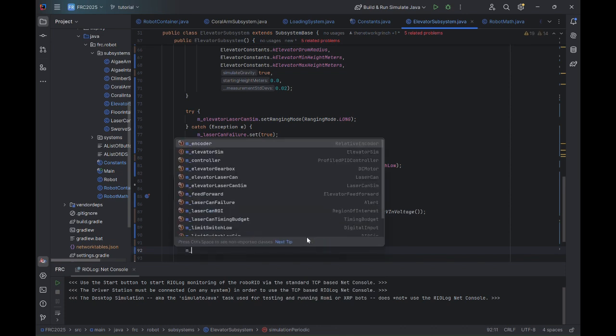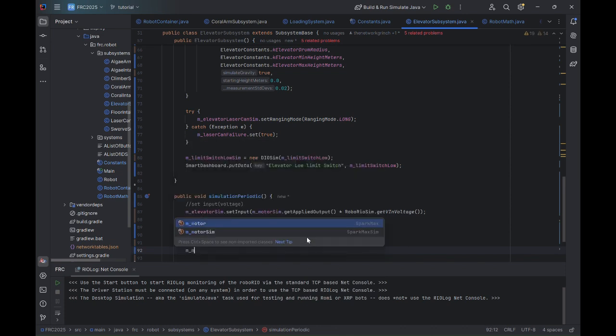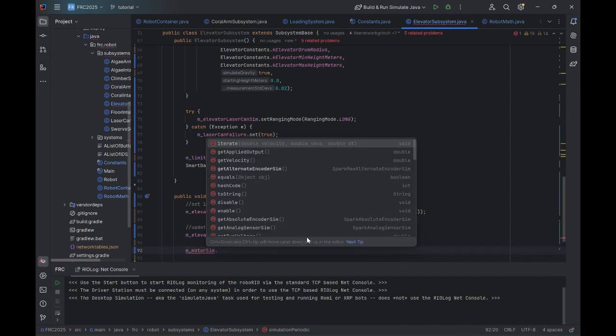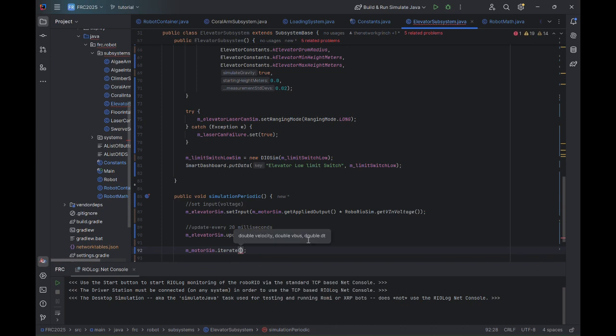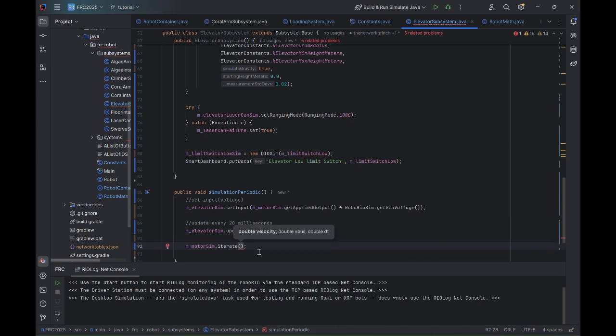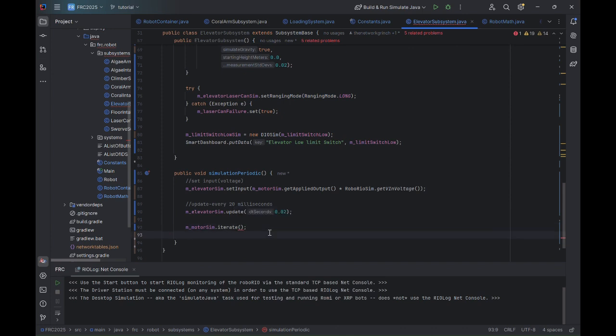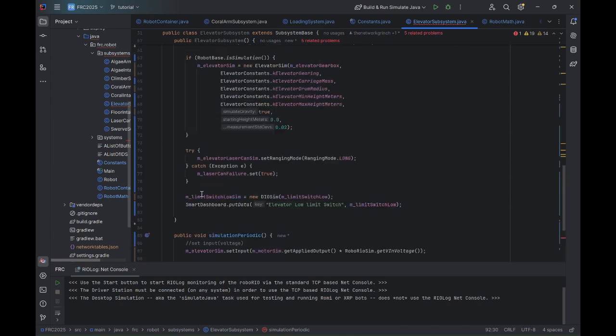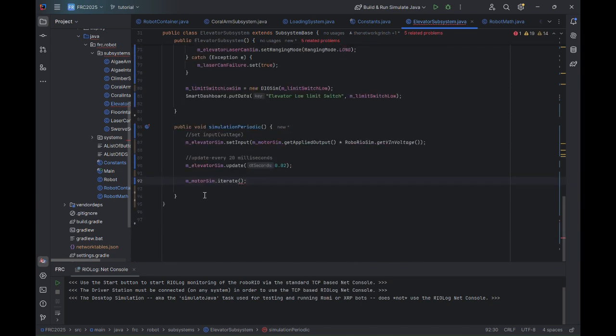So the motor sim, and we're using iterate. So we want to get the velocity for the elevator, and we're going to set up a function, or actually a method.